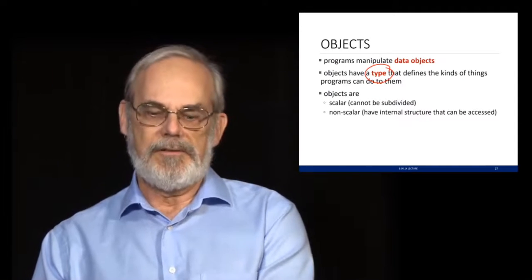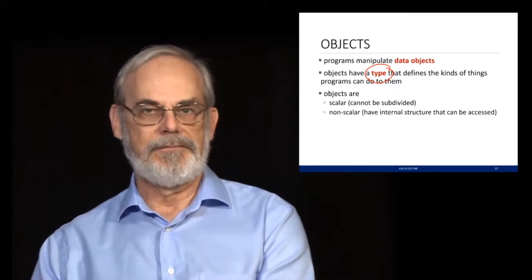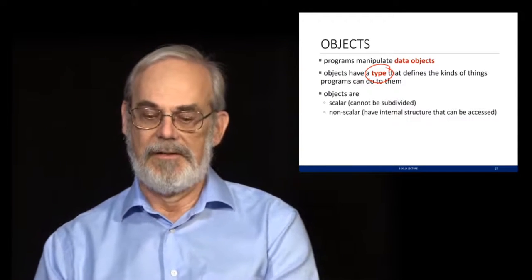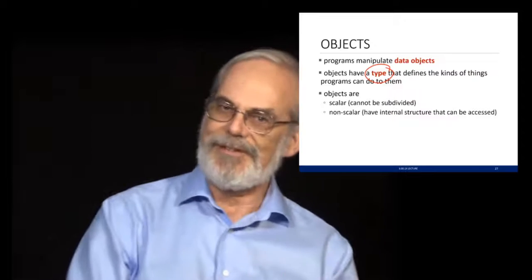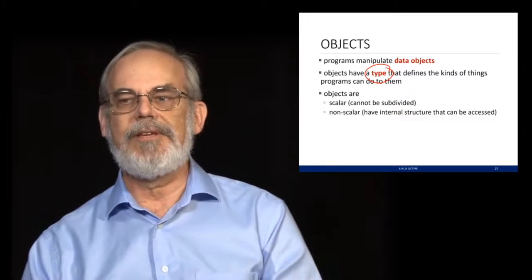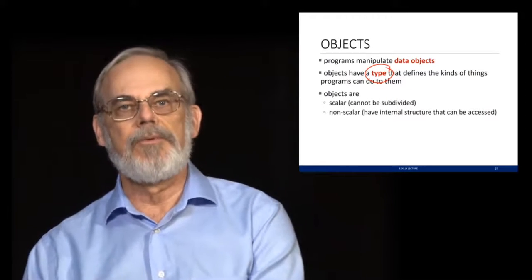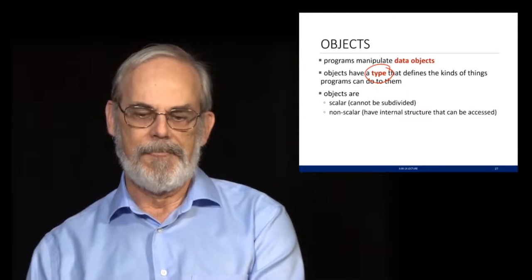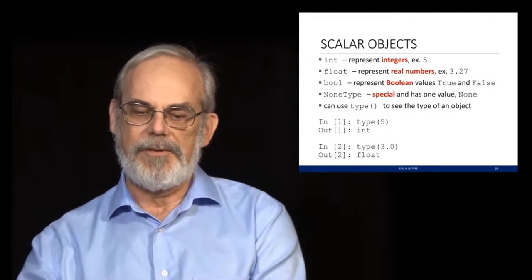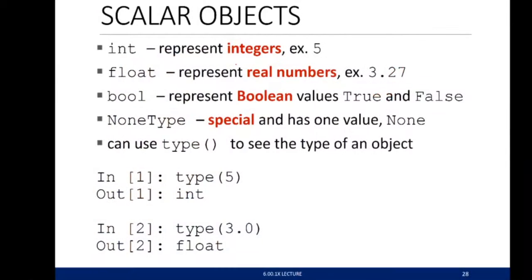Finally, objects come either as scalars, which says they can't be subdivided, or non-scalars, which are things that have internal structure into which we can pull out parts. Let's start with the simplest version of these. Scalar objects in Python. There are very few of them. We have ints.